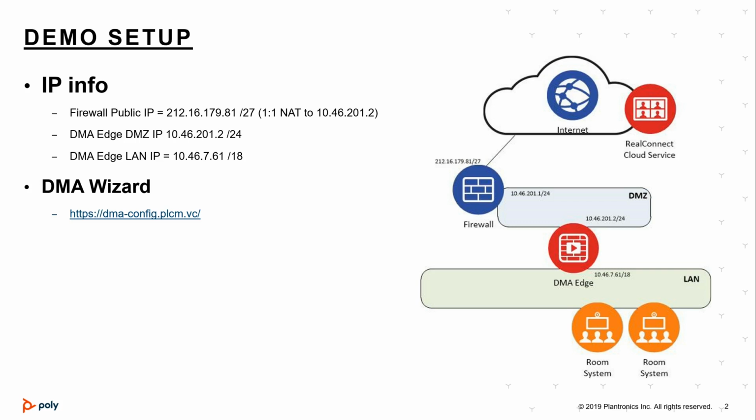It's connected with one interface into a DMZ, which is 10.46.201 network, and it has one interface on the inside as well. And you can also see a link to the DMA wizard, which is dma-config.plcm.vc. And just go into there and you will have different options to do setups for DMA and DMA Edge.